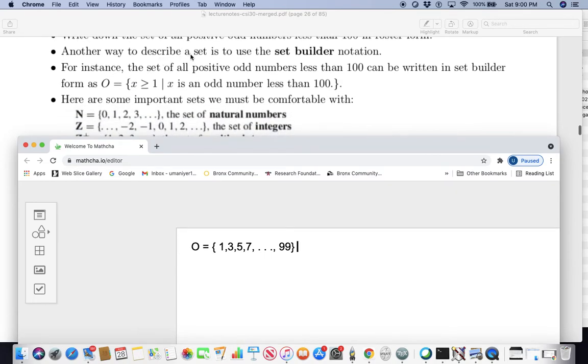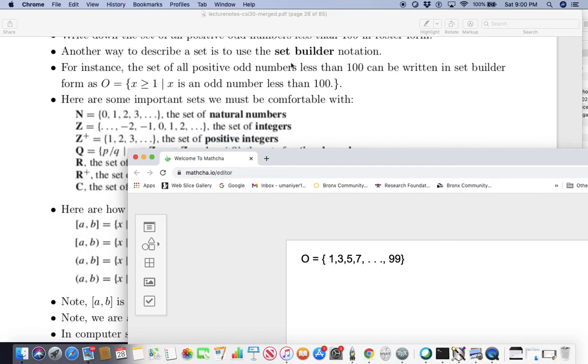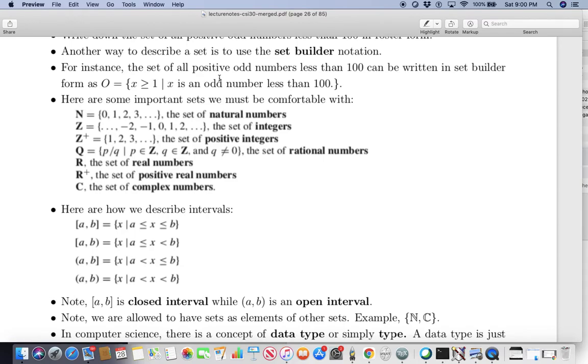Now here is another way to describe a set using what is called set builder notation. For instance, the set of all positive odd numbers less than 100 can be written in set builder form as O is the set of all those members x ≥ 1 such that x is an odd number less than 100.